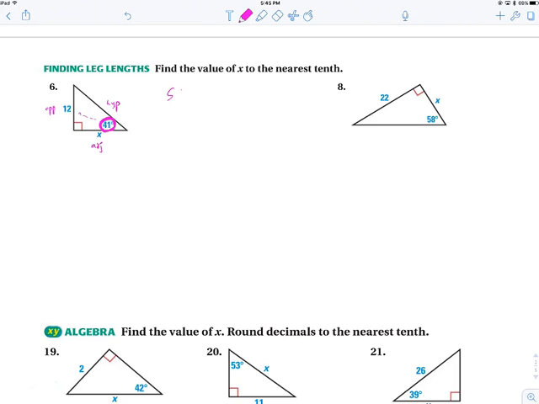And so out of my Sohcahtoa, I have my opposite over adjacent. I know nothing about the hypotenuse. So I am going to say the tangent of my angle is equal to the ratio of the opposite. Ooh, I almost made a mistake there. The opposite side, which is 12, over the adjacent side, x.